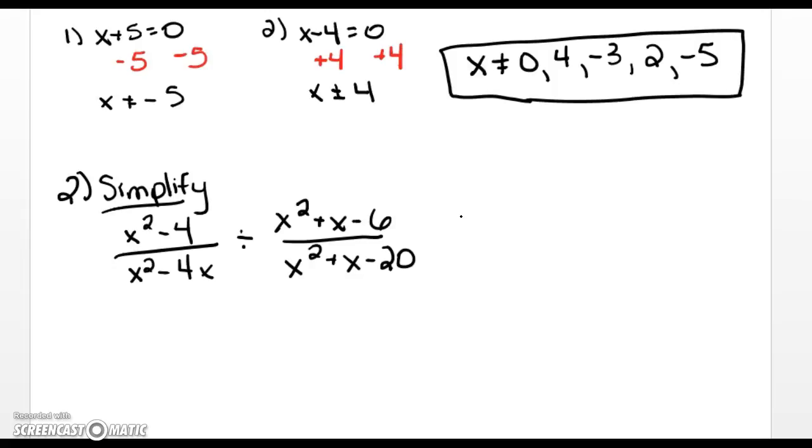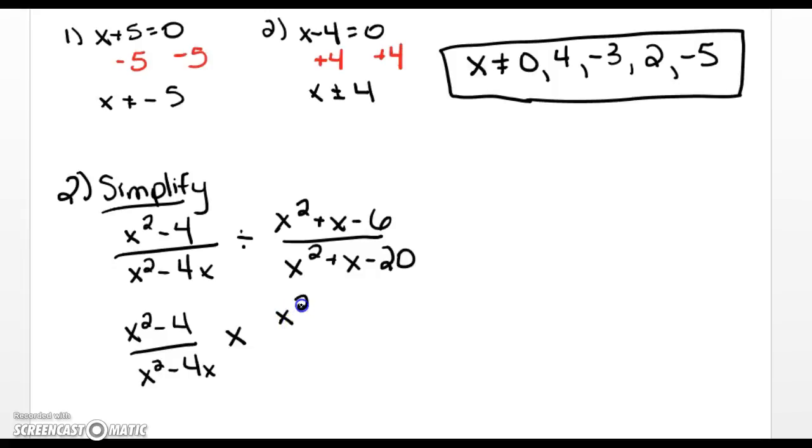So my first step here is I want to apply that switch and flip method. So I'm going to rewrite my first fraction exactly as I see it. Then I'm going to switch the operation to multiplication and flip my second fraction.